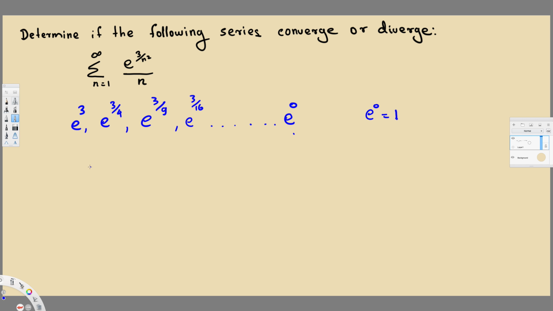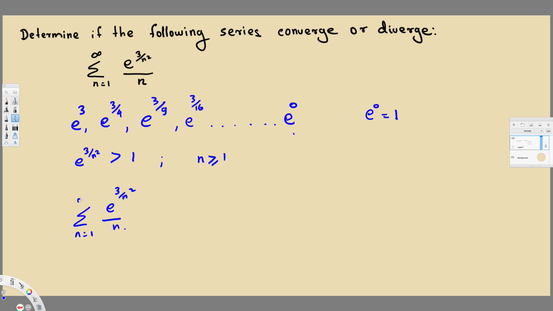So we know that this value, e power 3 over n square, is greater than 1 if n is greater than 1, right? So this is the conclusion we can make from this analysis. So if this is true, let's take this one, e power 3 over n square over n, going from n equals 1 to infinity.